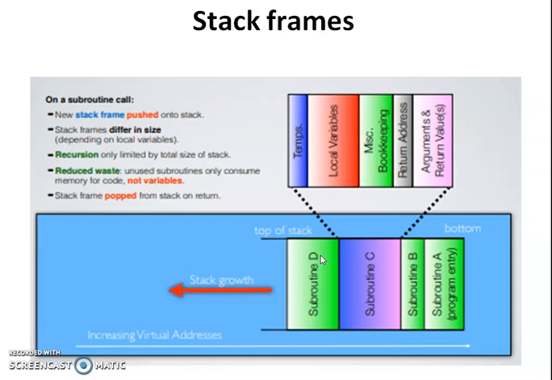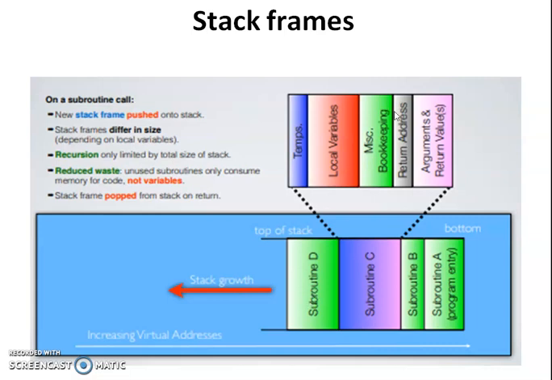When subroutine C is being called, this information will be loaded to the memory, and this happens only when subroutine C is being called. For subroutine D, the code alone will be stored.